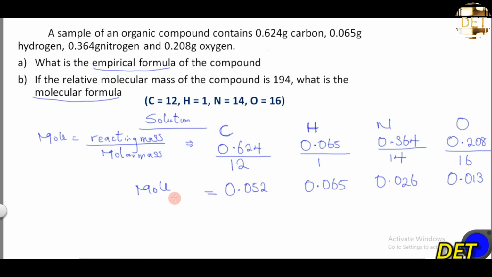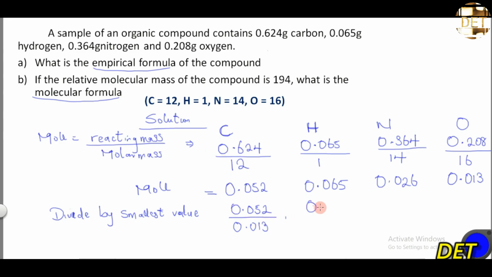So what I will do is to divide all through by the smallest value, right? So here I have 0.052 divided by the smallest value, 0.013, for the carbon.